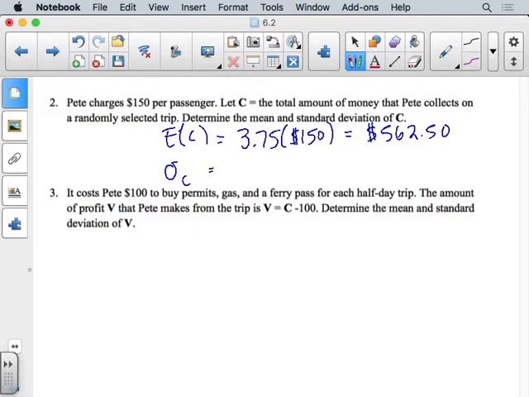Okay, so expect that much money as an average. And then let's think about our standard deviation. If my fingertips were my spread, does my spread get bigger when I multiply the values? Yes, they get bigger. The spread gets bigger when you multiply. So I need to multiply my standard deviation by $150 as well.